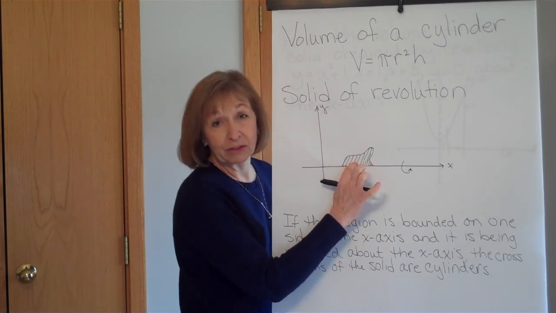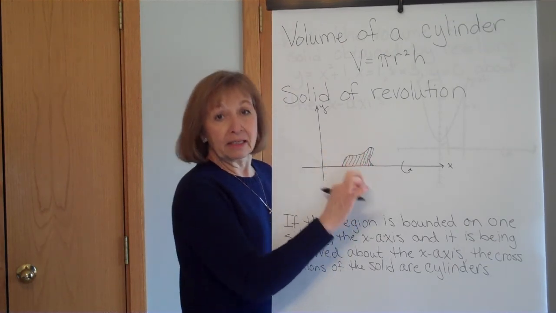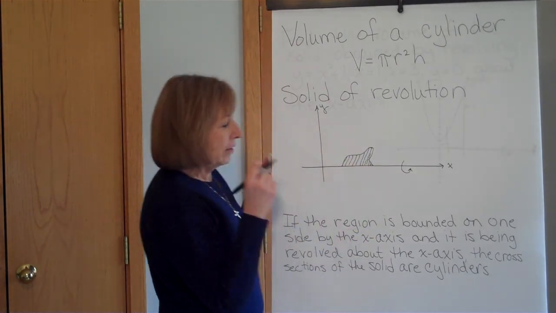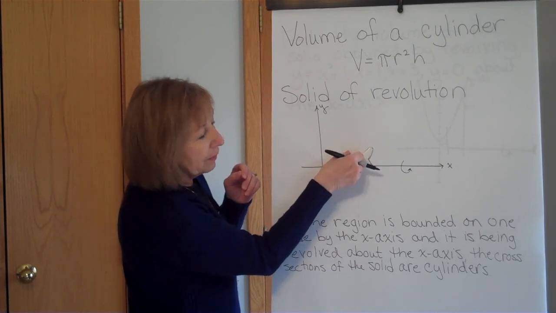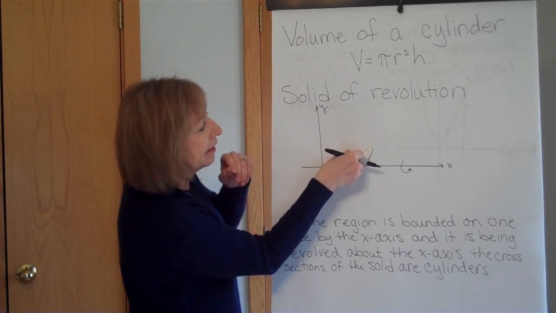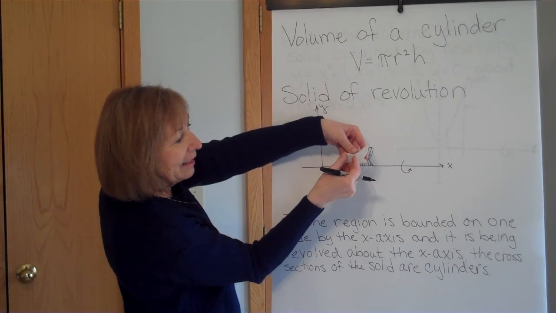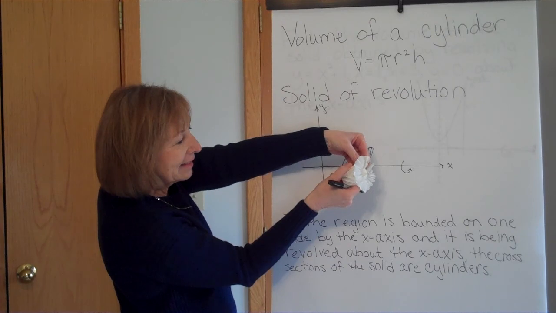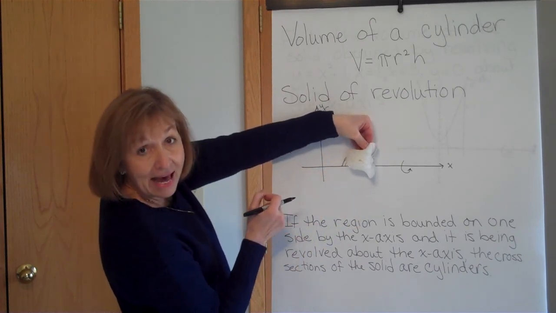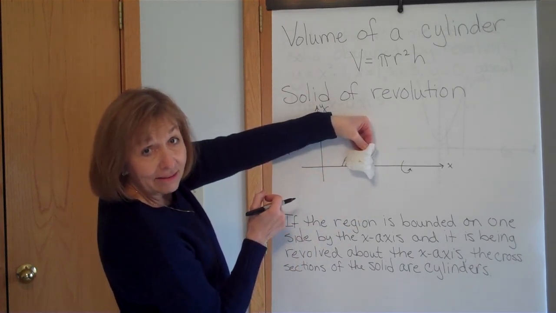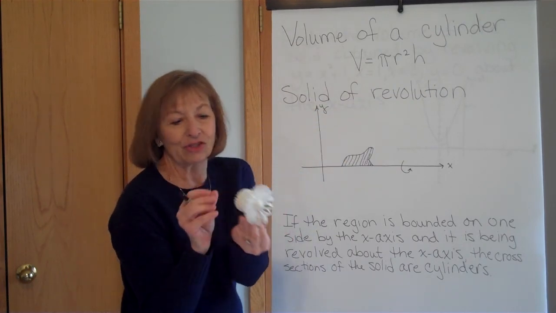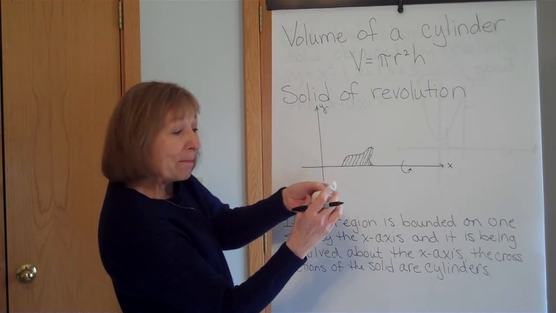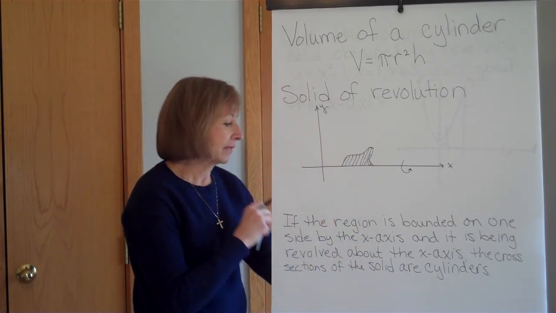So think, if I took this region and spun it around the x-axis, what would it make? Going back to how we traced around this figure, if I spun this around the axis, it would make that solid, which is just like a wedding decoration. That's what you want to imagine as you're going through this.